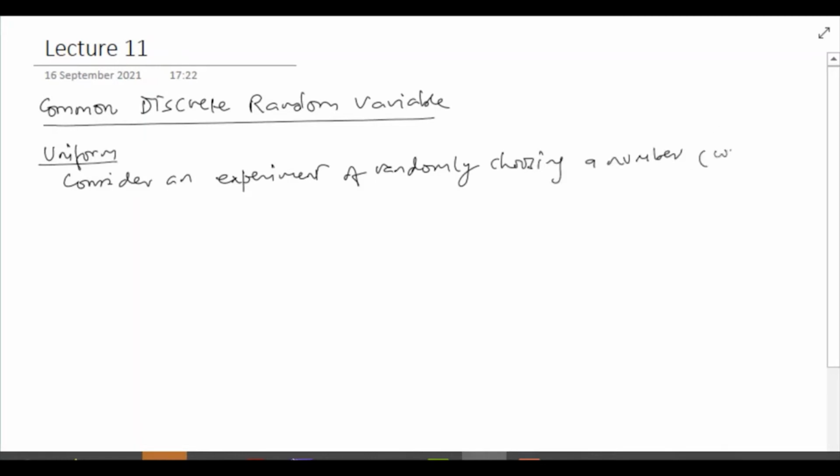When I say randomly choosing, I mean without any bias. From the set A plus 1, A plus 2, ..., B. Here A and B are two numbers.